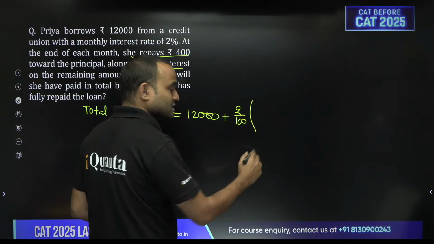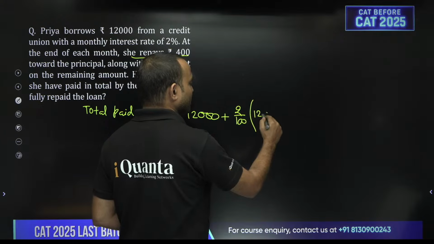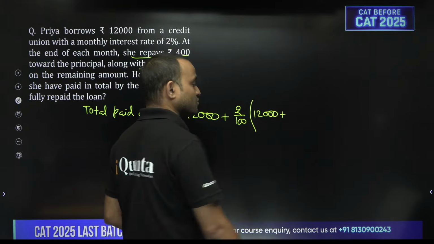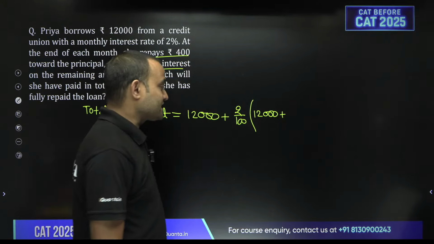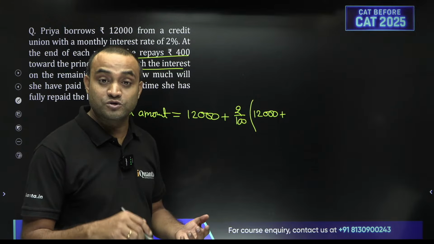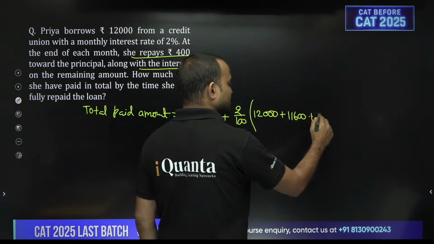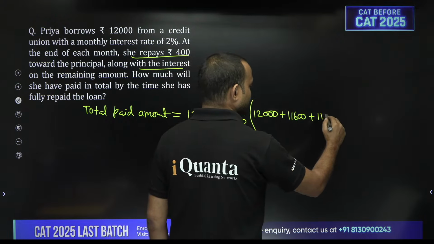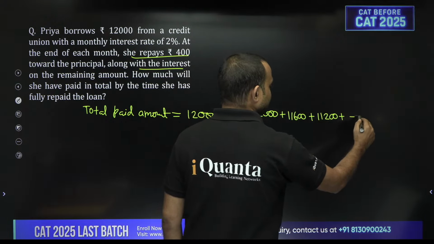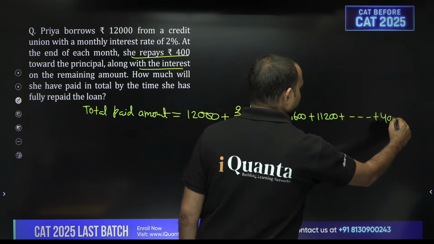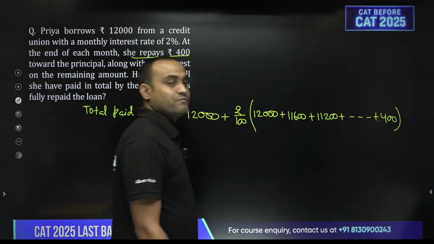For the first month, this 2% will be applicable on 12,000. Then next month the principal will be reduced by 400, so it will be 11,600. Then next month the principal will become 11,200, and so on till the principal left is 400.